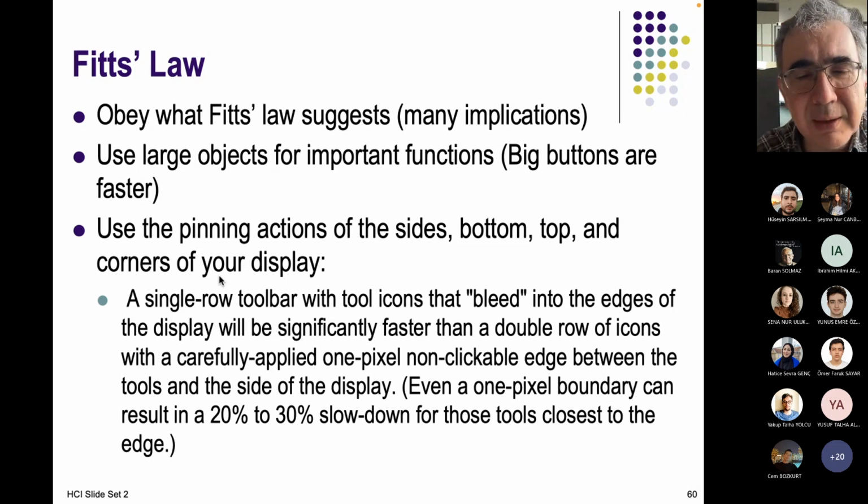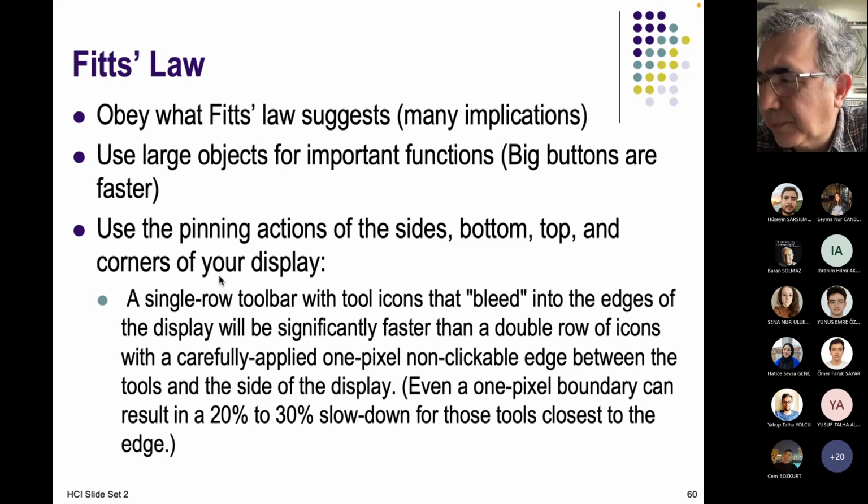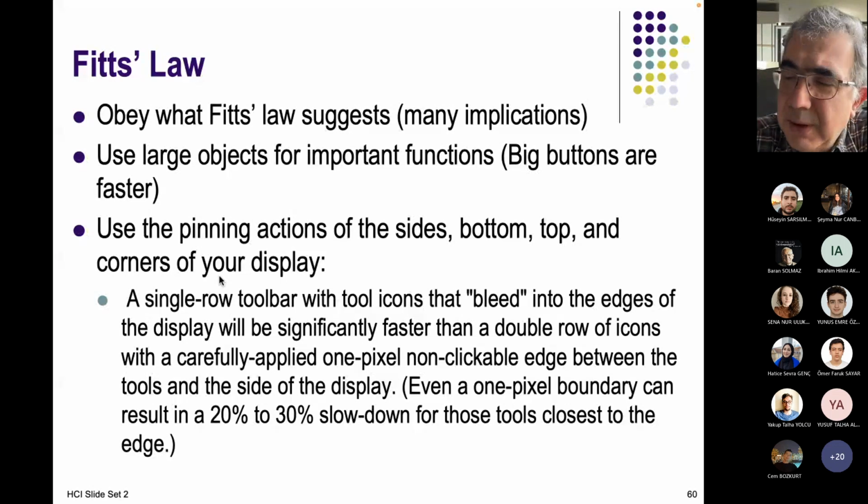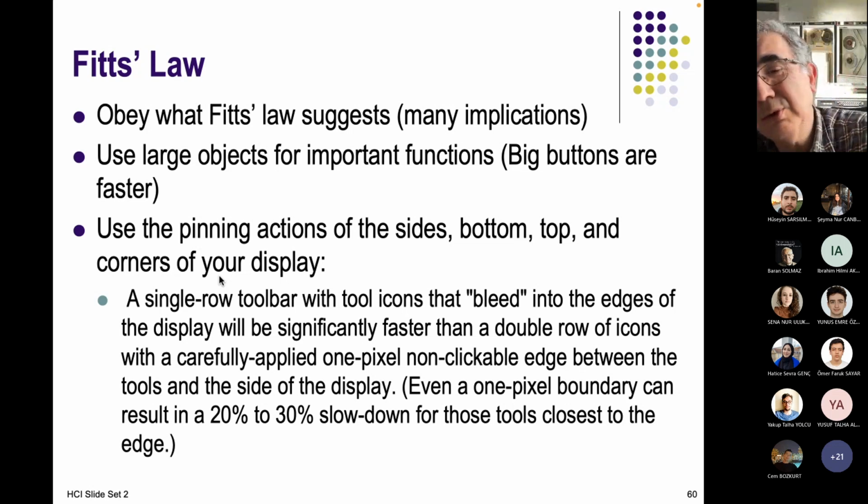So even if you click a little bit outside of the button, you should still pick up the click. Even in the experiments, a 1 pixel boundary to the edge of the screen slows down the movement by 20 to 30% because you have to slow down. Just throwing the cursor to the right and clicking doesn't work that way.